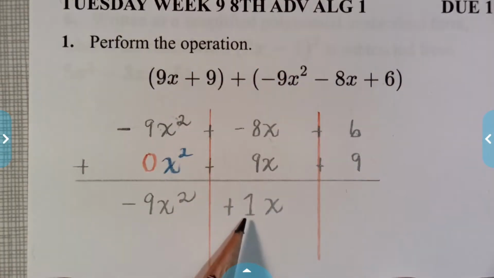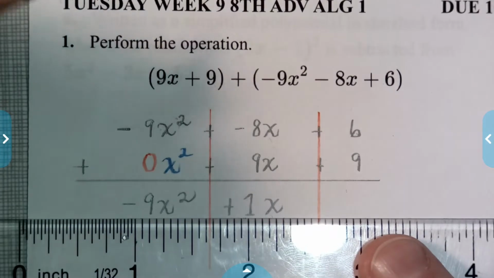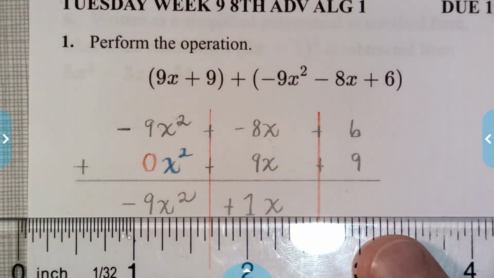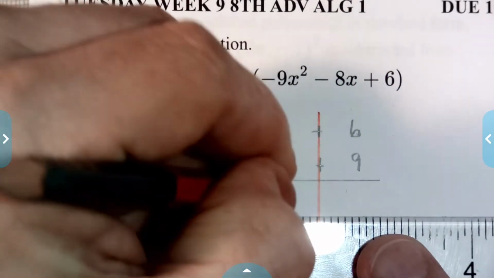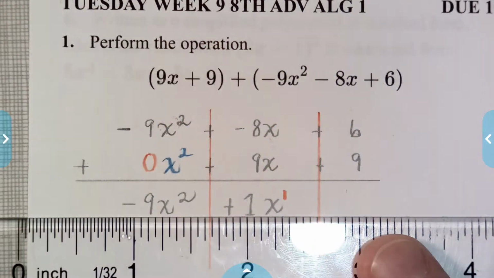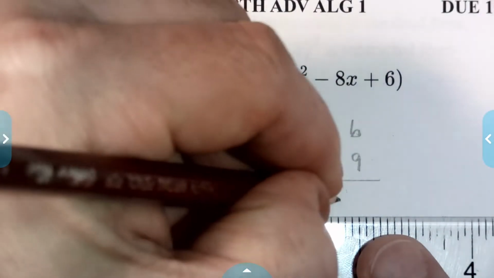Now, you know that typically whenever we have a 1 as our coefficient for a variable, we just omit writing it. But it's actually very useful to write it, and I wish mathematics would change and start writing that, along with the exponent 1 here, so that you would understand degree 2, degree 1, right? All right, so let's see now, plus 6 plus 9 is 15. We have plus 15.